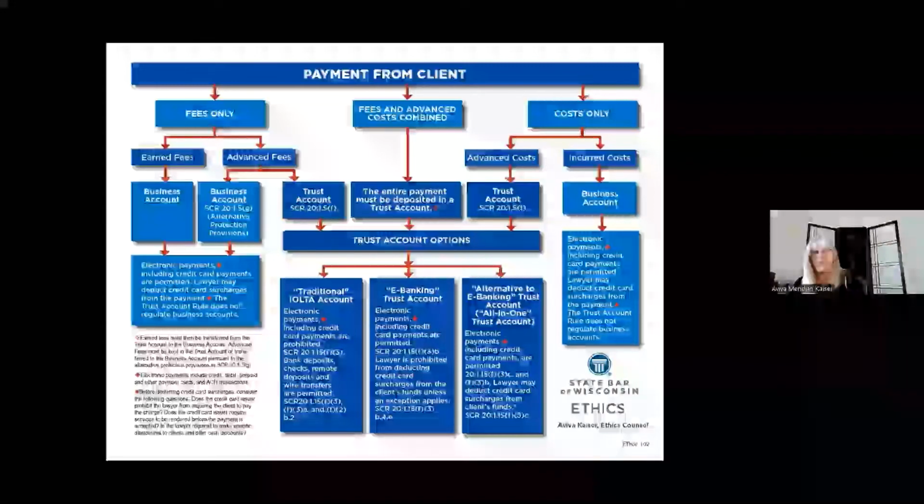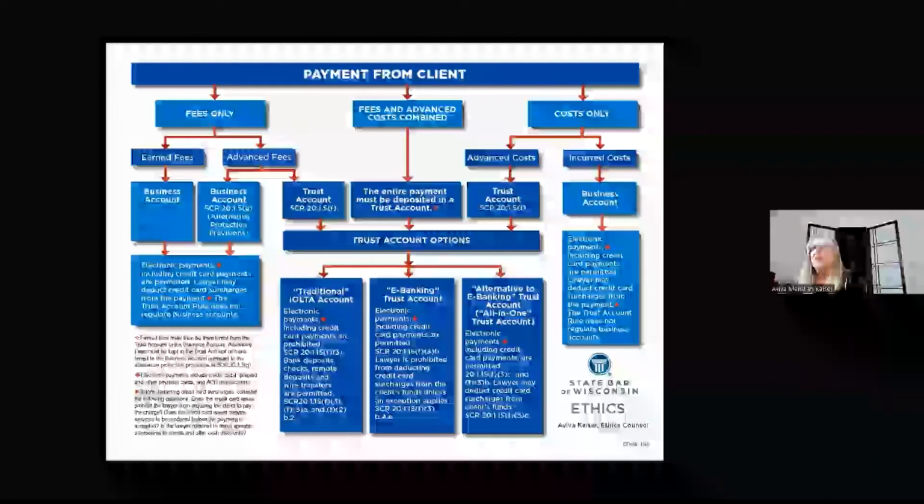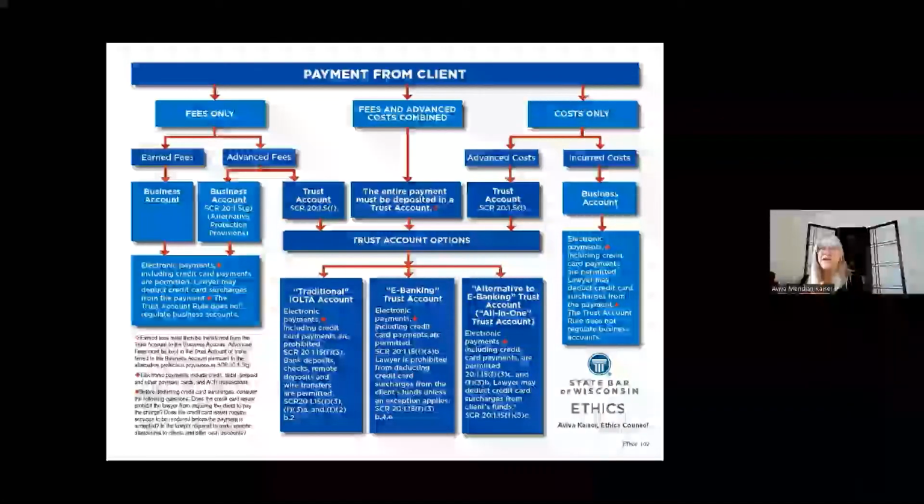We also know that advanced costs must always be deposited into a trust account pursuant to 1.5F. And we know that any payment that includes a combination of advanced costs and fees of whatever type must be deposited into a trust account, because advanced costs must always be deposited into a trust account.